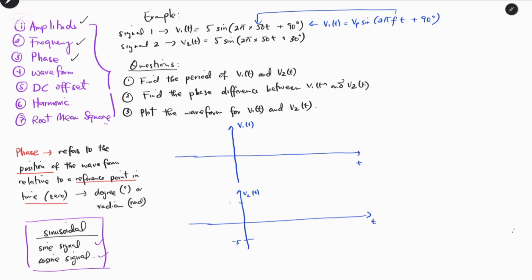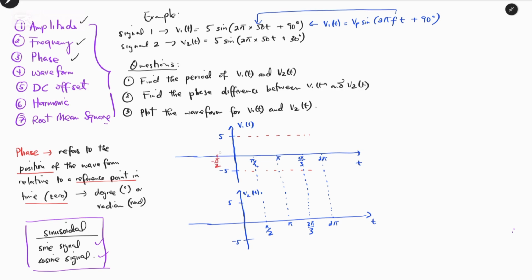We can mark minus 5 and 5 on each, and π/2, π, 2π/3, and 2π on the time axis. So we can now plot the waveform diagram, and we can have minus π/2.